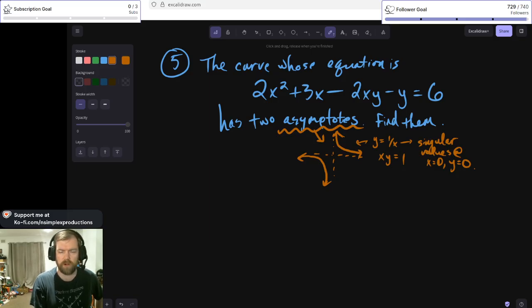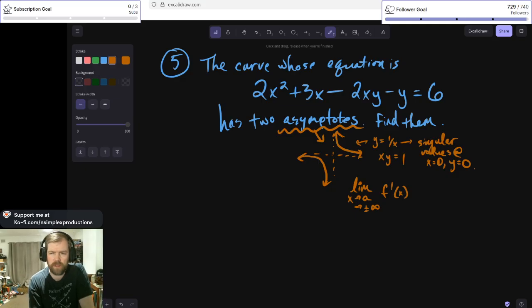This is going to be where our function, the limit of f prime of x as x approaches either a or plus or minus infinity, depending on what it is, then this is equal to some slope value that's just a constant.